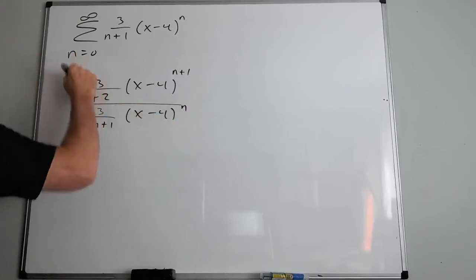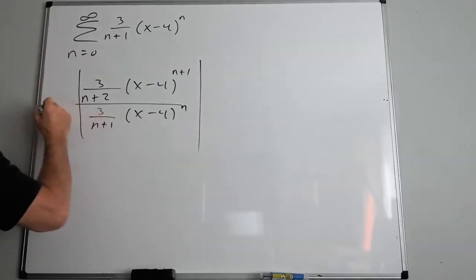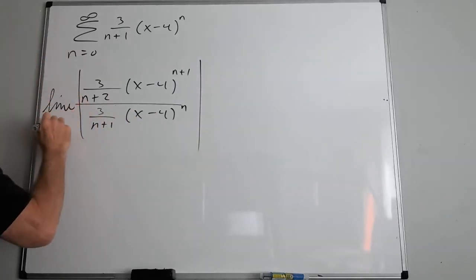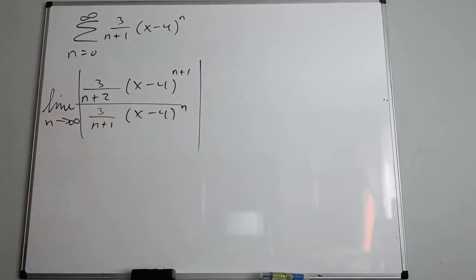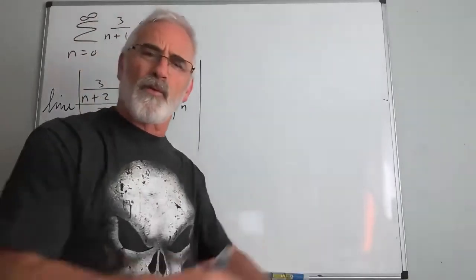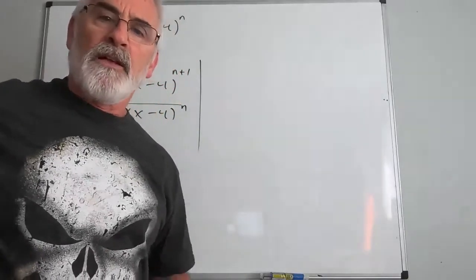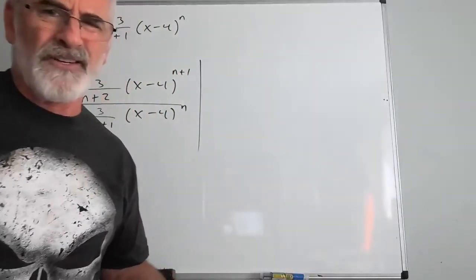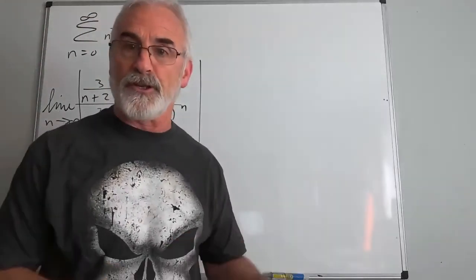And we're going to take the absolute value of this, and we're going to take the limit as n approaches infinity. Now, when we were practicing using the ratio test before, I said, always use an absolute value, even though we were working with strictly positive terms. The absolute value seemed kind of redundant. It wasn't going to change things, but I wanted to get you used to it.